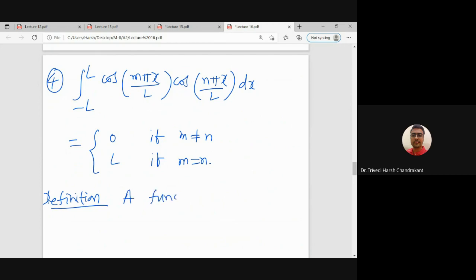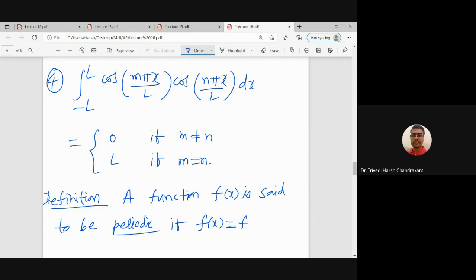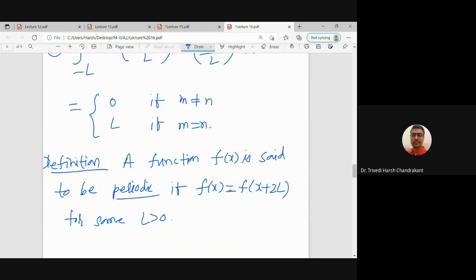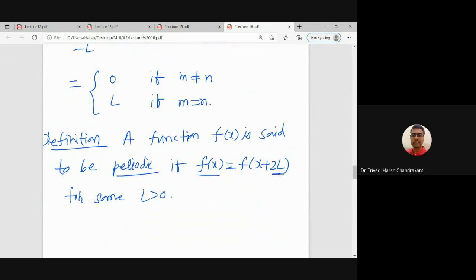A function f(x) is said to be periodic if f(x) equals f(x plus 2L) for some positive number L. The number that is the difference between x and x plus 2L is essentially the period. The period is 2 times L.